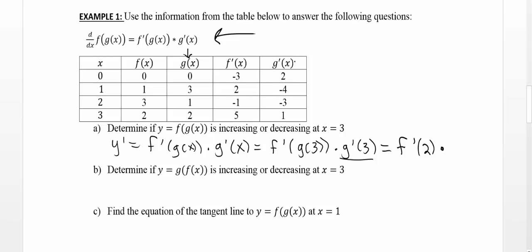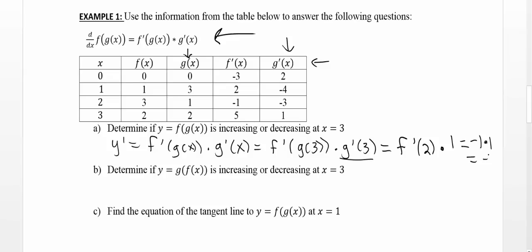Well, g prime of 3 I can also read off my table. So if I go to the g prime column here, and I go down to 3, I get that g prime of 3 has a value of 1. So finally, I need to find f prime of 2. So here if I go to f prime, and I go down to an x value of 2, I get negative 1. So here I have negative 1 times 1.